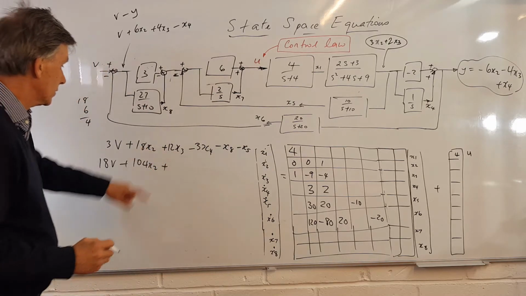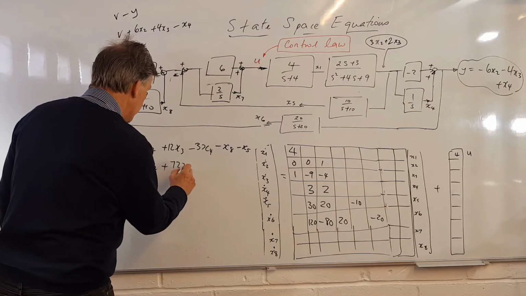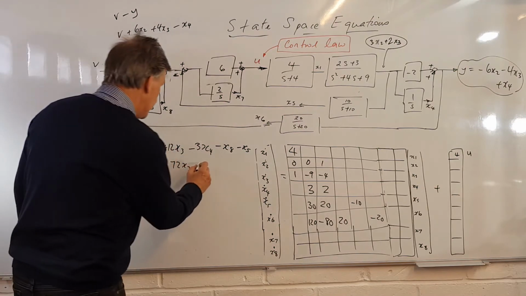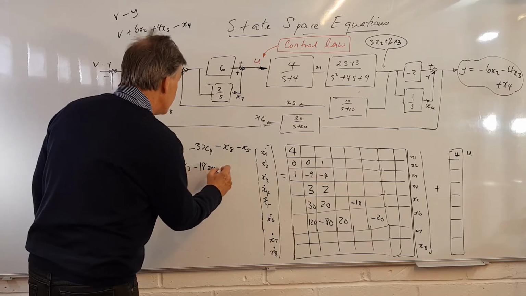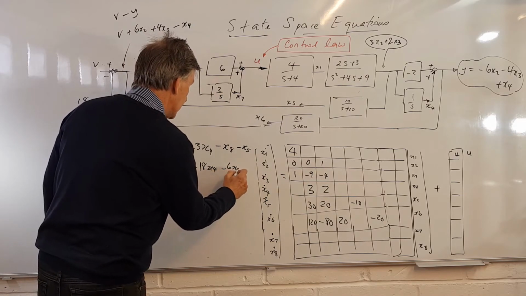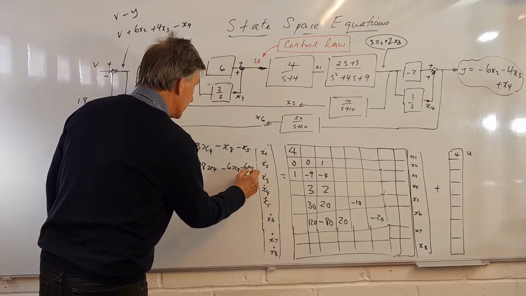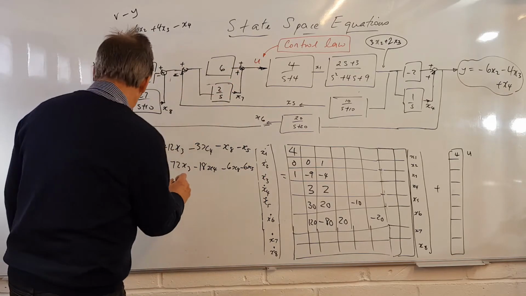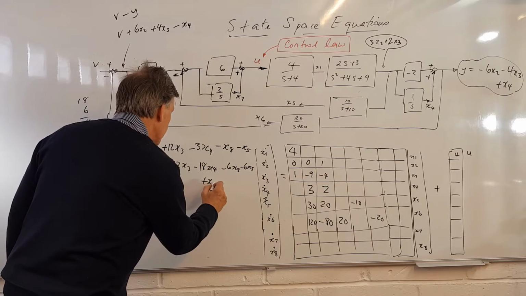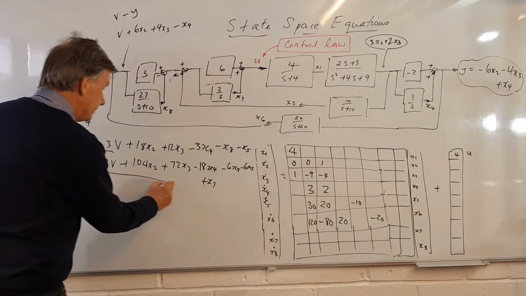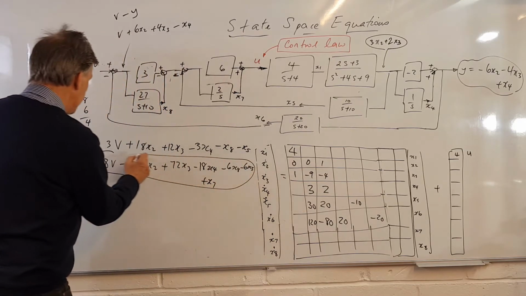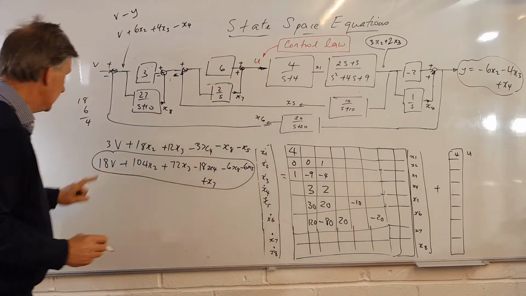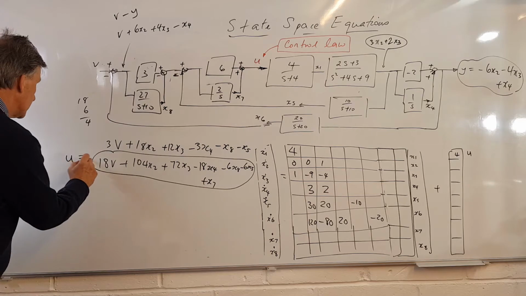Then we've got 6 12s are 72 x3 minus 6 3s are 18 x4 minus 6 x8 minus 6 x5 plus x7. So this signal here now is what's going down there. So this is actually our control law, u equals.